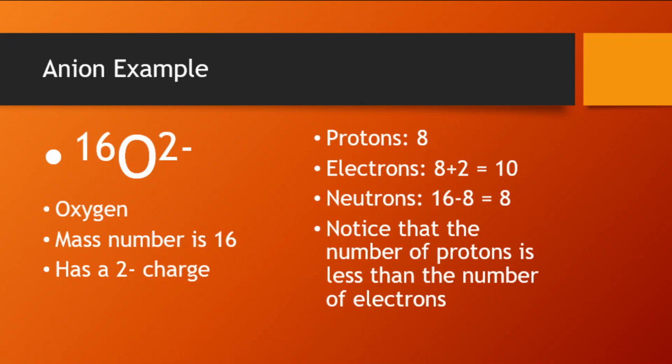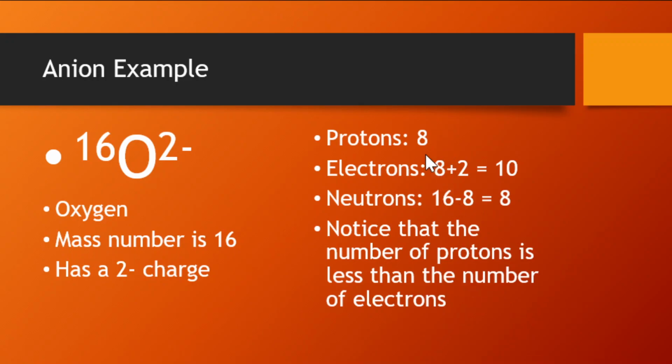Now, what's going on with the number of protons, electrons, and neutrons here? So in this example, we've got 8 protons, because we look at the periodic table, we find oxygen, and its atomic number is 8. Okay, so its number of protons is 8. Now, when we want to figure out our number of electrons, notice there's a slight difference here.